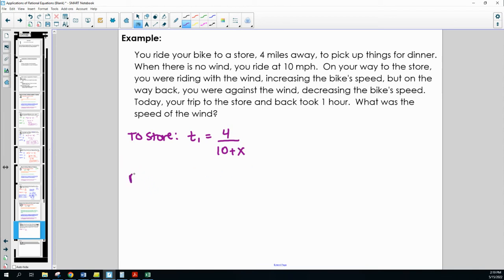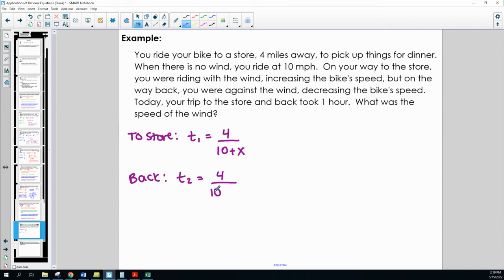So on our way back from the store, we'll say that T2, the time in the second direction, the distance from the store to your house is still 4, so your distance never changes. If you're going somewhere and then coming back, that distance will always be the same. And now when you come back, you're going against the wind, which is decreasing the bike speed.